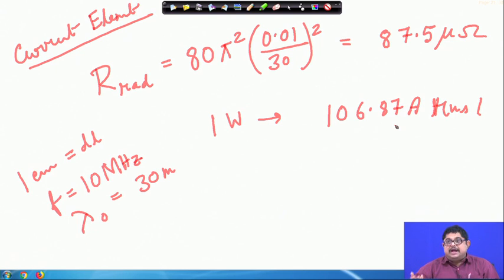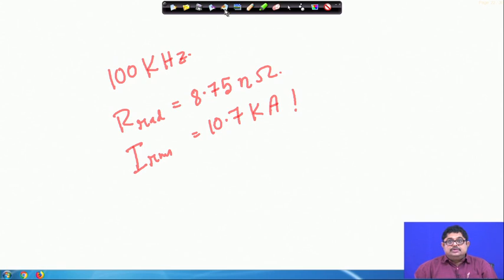If I increase the lambda, then the electrical length of the current element decreased, and it became much more inefficient. So, the more electrical length an antenna has, the more efficient it is. This is an important thing, true of all antennas. What is electrical length? The length divided by lambda naught. So, if I can have more and more of this, then the antenna becomes efficient.